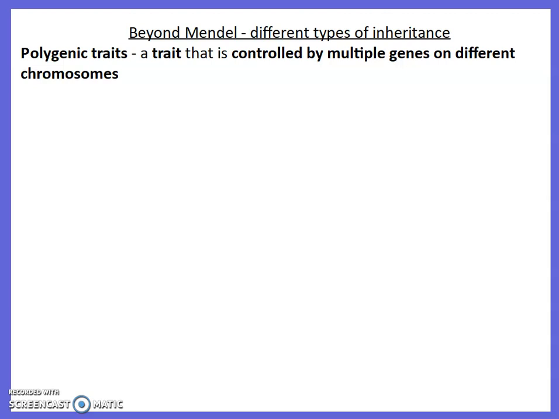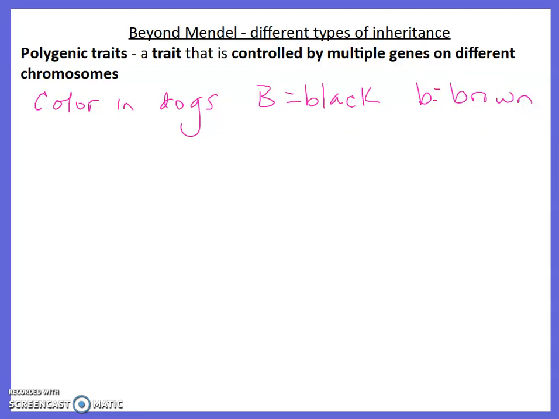And so you can write this in your box in your notes, but color in dogs is controlled by one gene where we have an allele for black color, and then we have an allele for brown color. There's also a gene that is going to be for the pigment deposition.